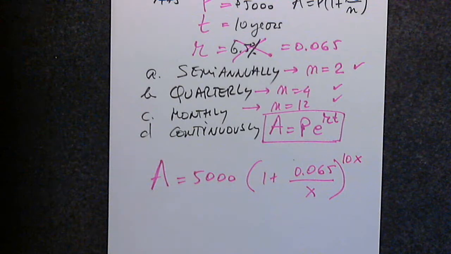T is 10 and n is x. So let's put it in the calculator. In y equals, 5,000 in parentheses 1 plus 0.065 divided by x, close the parenthesis, power in parentheses 10x.